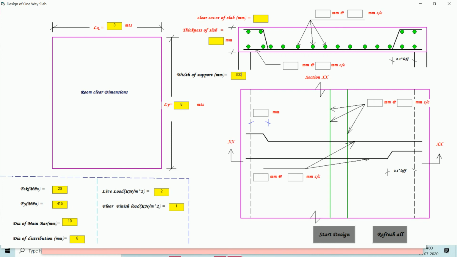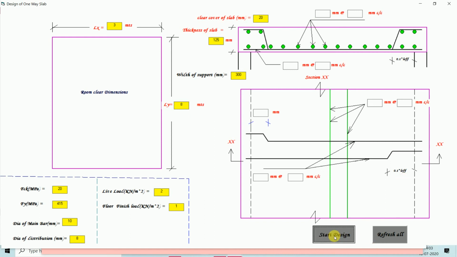I am giving 300 mm. Then the thickness of the slab, I am fixing it as 125. You can give from 100 to 150. For practical purposes, they will fix the thickness of the slab as 100 mm, 125 mm, 150 mm. Then you have to give the clear cover, 20 mm.